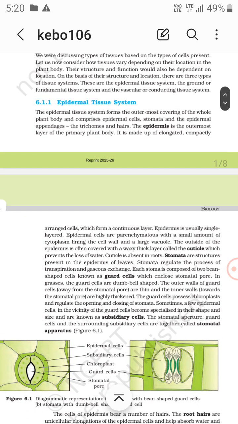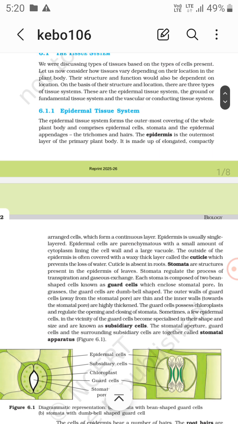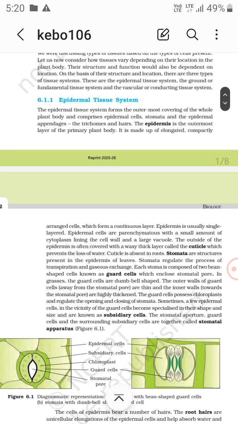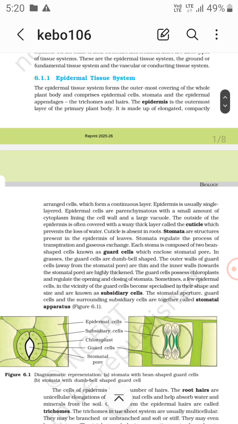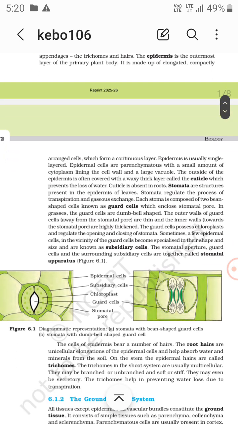Now the epidermal tissue system comprises epidermal cells, stomata, and the epidermal appendages, that is trichomes and hairs. Now epidermis forms the outermost layer of the primary plant body, made up of elongated, compactly arranged cells which form a continuous layer.